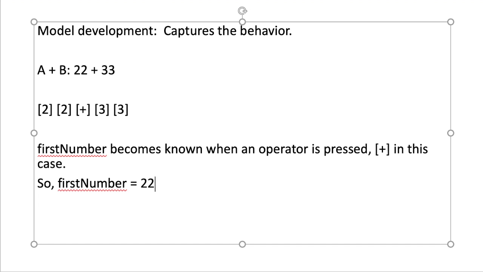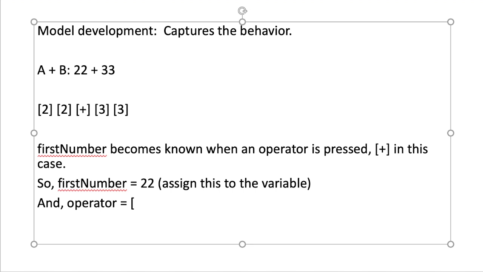And then also within the model class, we also need to store the operator. So at this point, we know what the operator is also. Because plus was pressed, if it was minus, it would be minus. If it was multiplication, it would be multiplication. So we assign this to plus.